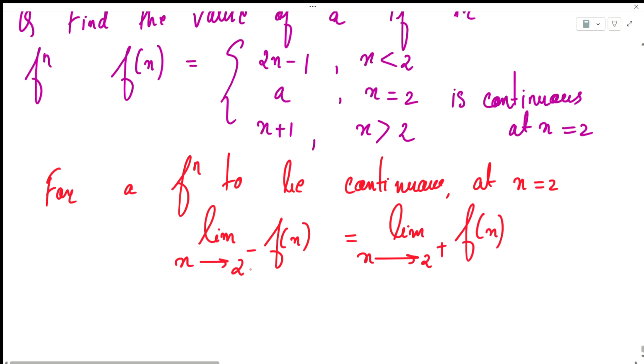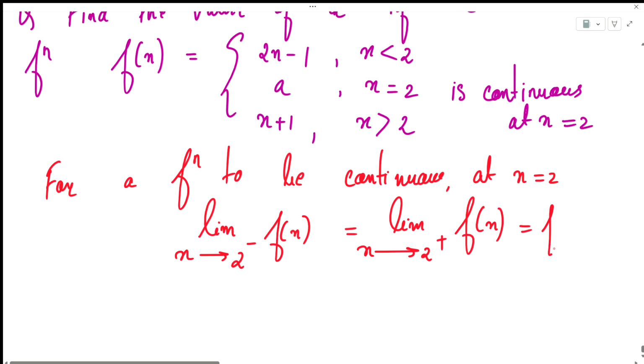Now this is equal to f of 2. Now this gives me limit x tends to 2 minus. When we plug in the value of 2 minus, it means it is slightly less than 2.